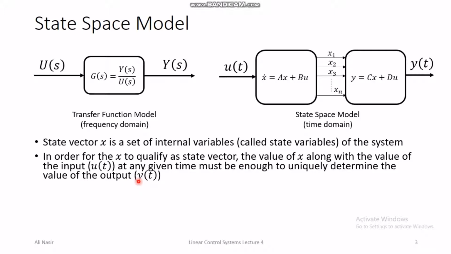If you look at any dynamical linear time invariant system, there can be many variables involved in that system. For example, take a car. In the car there are different variables: the speed of the car, the position of the car, the direction of motion of the car.